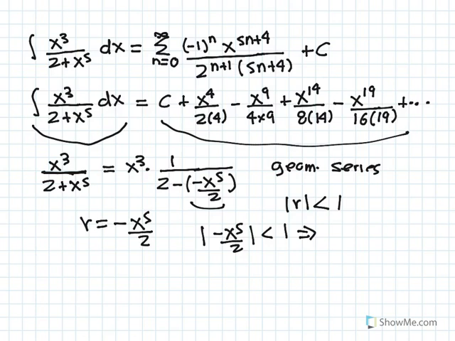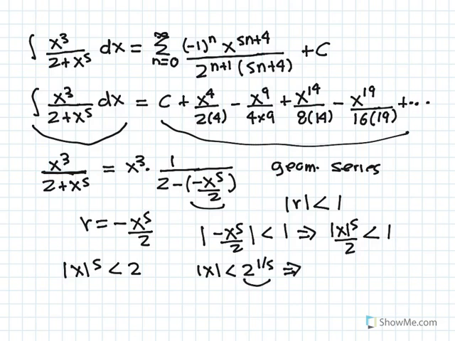The absolute value gets rid of the minus sign, so we get the absolute value of x to the power of 5 divided by 2 less than 1. Simplifying, the absolute value of x to the power of 5 is less than 2. Take the fifth root of both sides, and we get the absolute value of x is less than 2 to the power of 1 over 5.